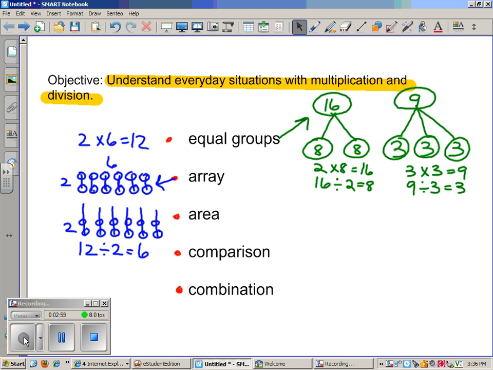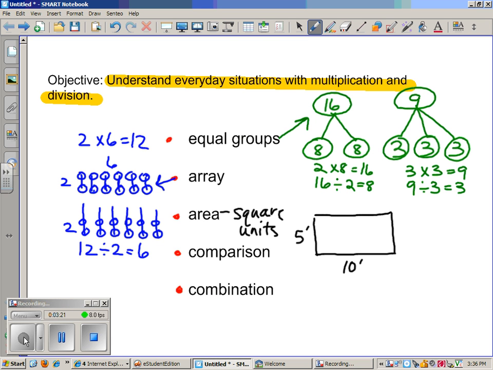Okay, then we talked about area method, and generally when we use area in multiplication or in division, we're talking about square units. So maybe what is happening in the situation is that you're building something, maybe your house, and you're going to make it 5 feet by 10 feet, and you want to know how many square feet that space is going to be.